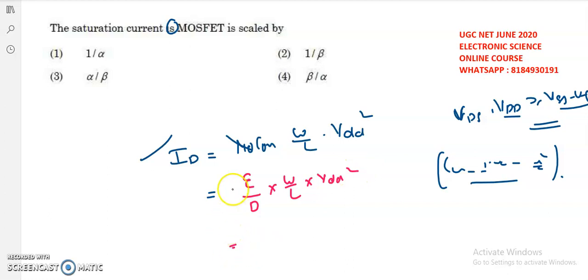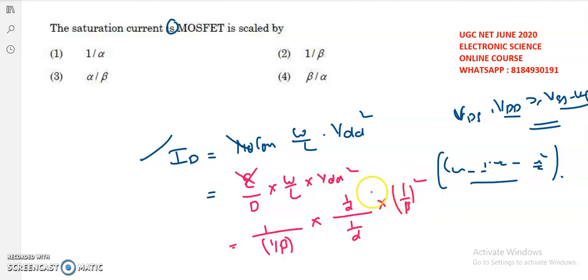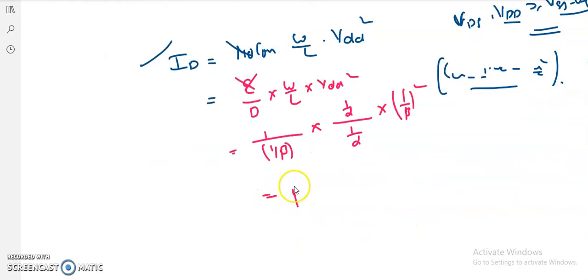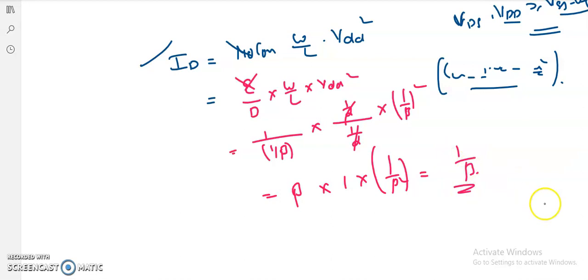Epsilon is a constant, so leave that, and 1 divided by D, that means thickness of the silicon dioxide, is scaled by 1 by beta, and width is scaled by 1 by alpha, length is also scaled by 1 by alpha, and VDD is a power supply, so we scale it by 1 divided by beta square. And if we simplify this, beta into both these two get cancelled, so 1 into 1 divided by beta square becomes 1 divided by beta.